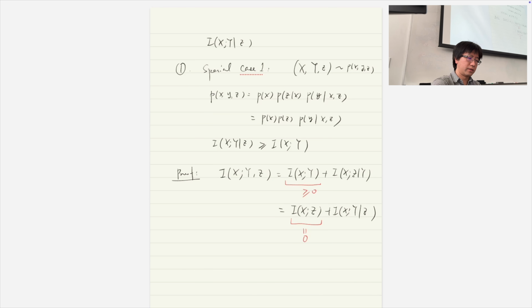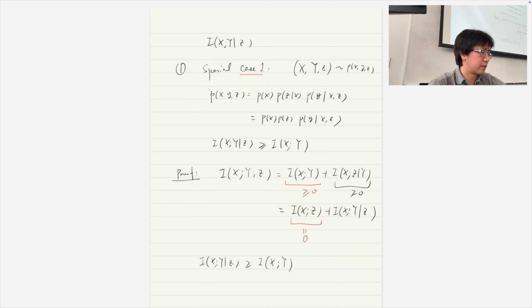Therefore, from here, we can conclude that this guy, given z, is bigger than or equal to this guy, because this guy is bigger than or equal to 0. So it's very easy to show that, right? Is that clear? Okay, very good.